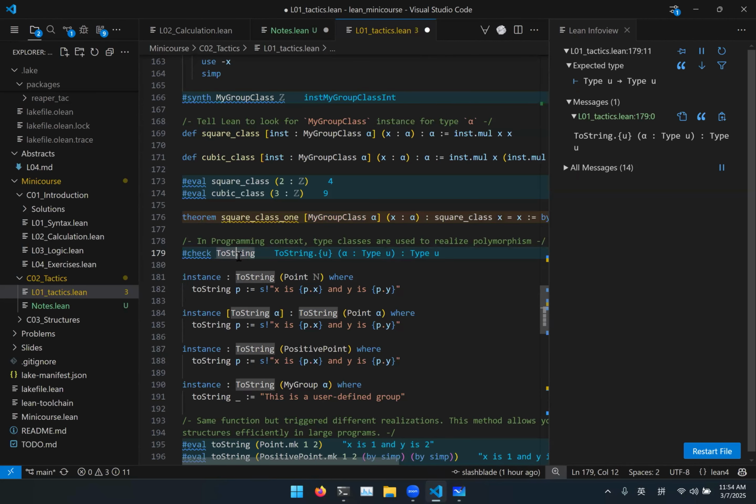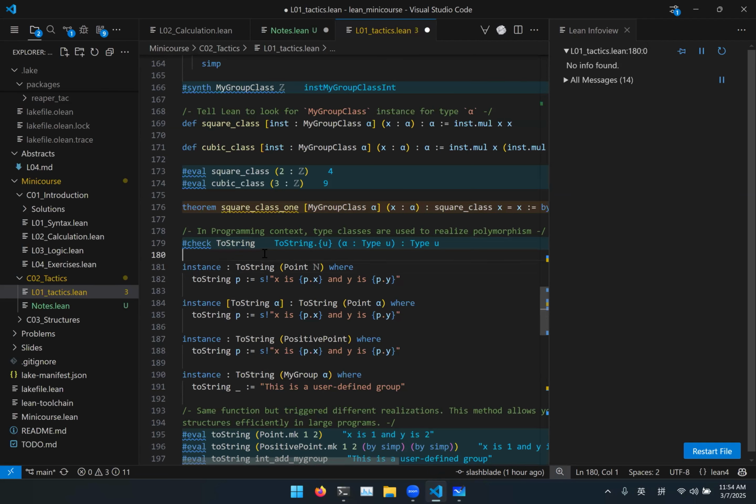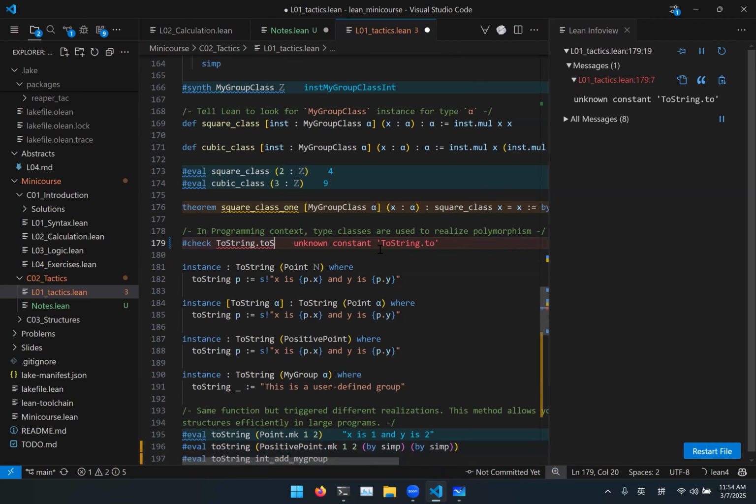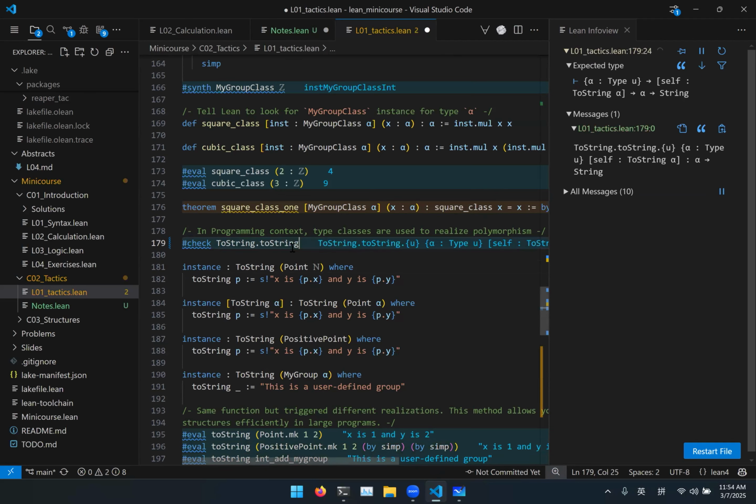For example, this toString: what it does is convert any structure in Lean into a string, a character list, so that we can display it very easily. We can find that it's just a type U, and if we access the method, we find that it maps any structure to a string.